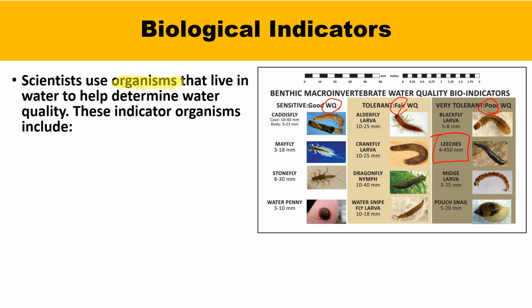On the other hand, if you start to see dragonfly nymphs, then that's a way of saying, okay, this is more fair water quality. And let's say if you have mayflies and stoneflies, then you can say this has the least human impact, and you can conclude that this water quality is very good.